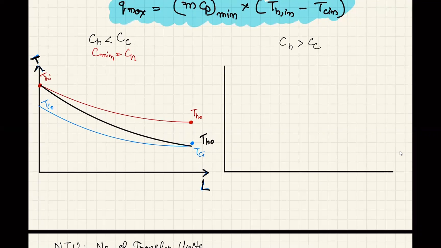So here Cmin has to be CC, we have temperatures over here, we have some lengths over here, and let's say this is the point of THI, this is the point of TCI, and the curves look something like this. Okay, and like this.